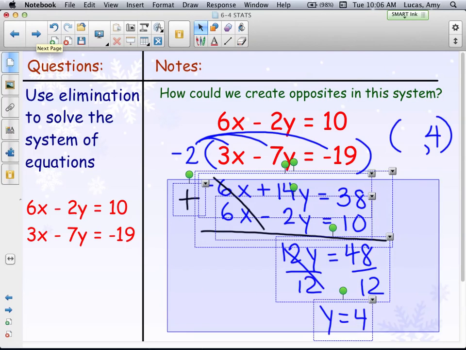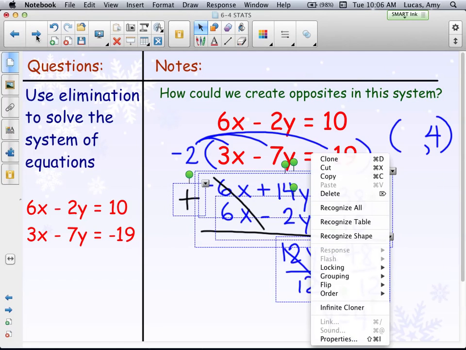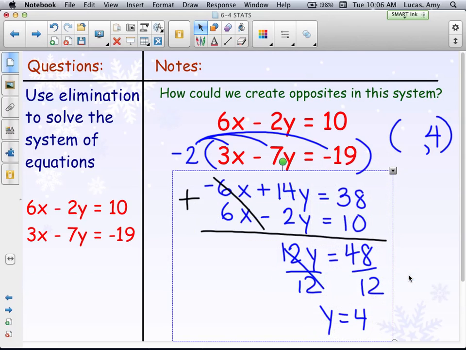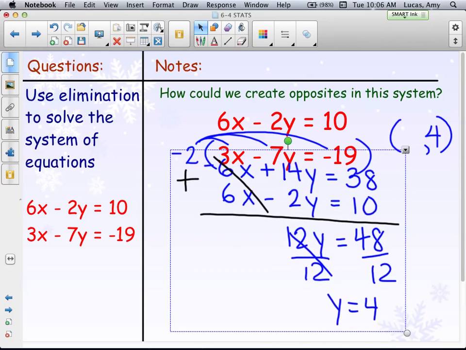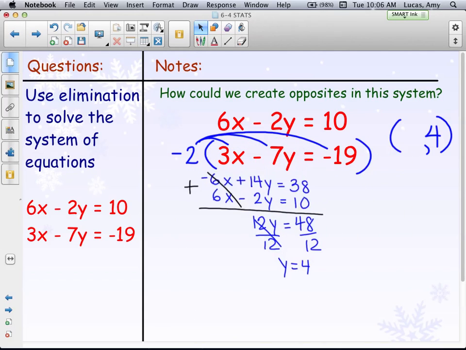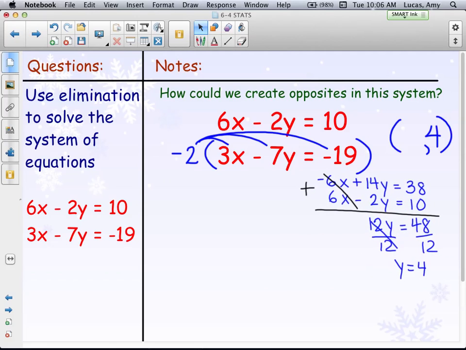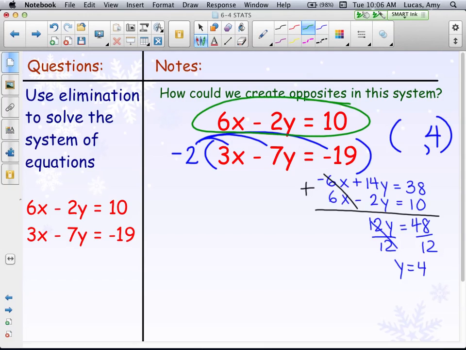Now I can go back to either one of my original equations, or I could even use the one that I changed if I wanted to. I'm going to shrink this to get some space, and I am going to choose my top equation. So I'm going to take this top equation and I am going to use it with my value of 4 for y.